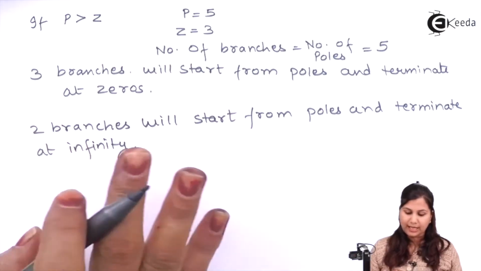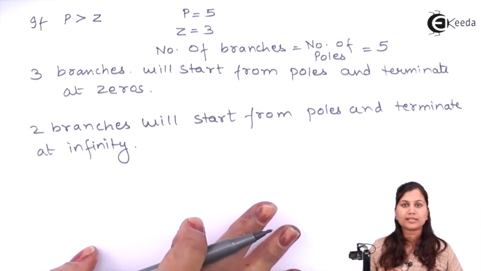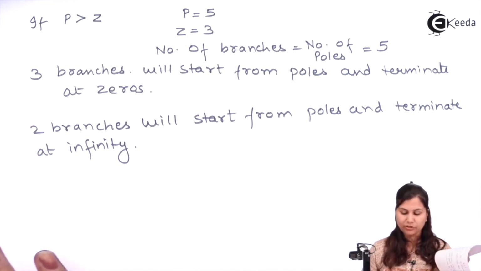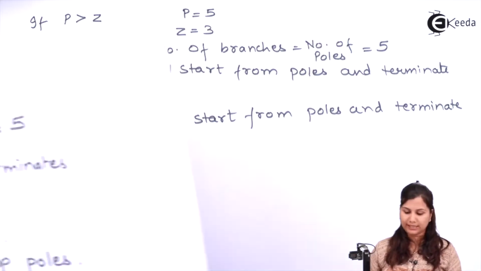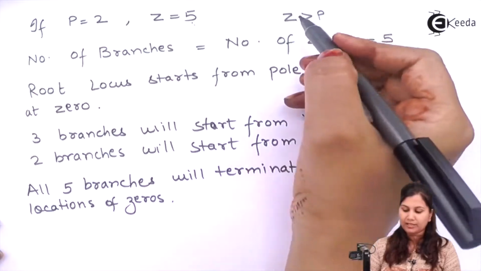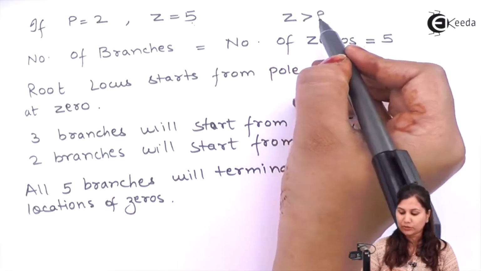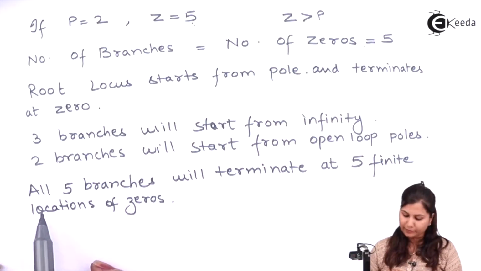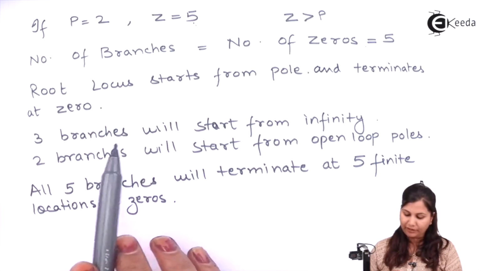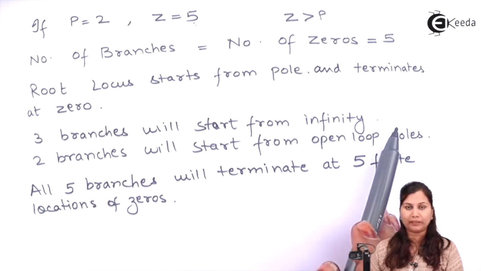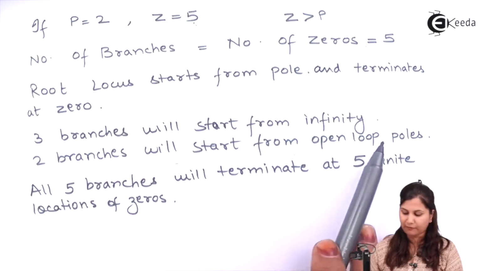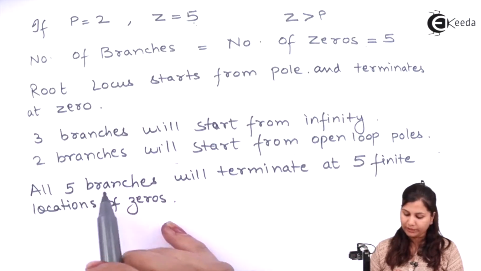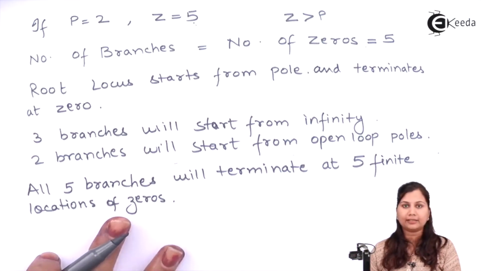So this is how the number of branches and their locations will change according to the number of poles and zeros. If the number of zeros is greater than the number of poles, then 3 branches will start from infinity and 2 branches will start from the poles, and all these branches will terminate at the zeros.